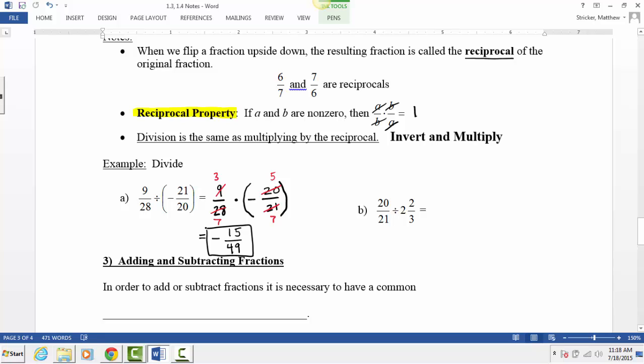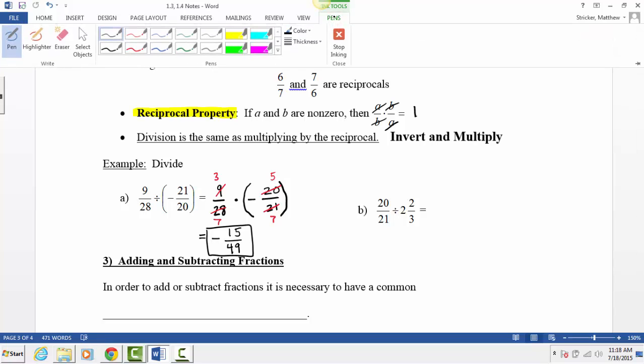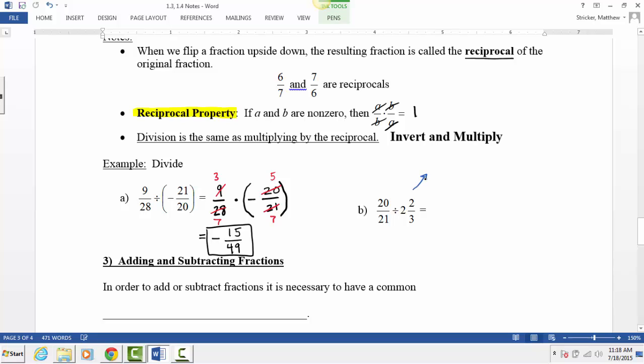Again, we have another one here, but notice our second number is a mixed number. So what do we want to do with that? Just like we did before, we want to go ahead and turn this into an improper fraction. We take 2 times 3 is 6. We add 2 to 6, we get 8 over 3.